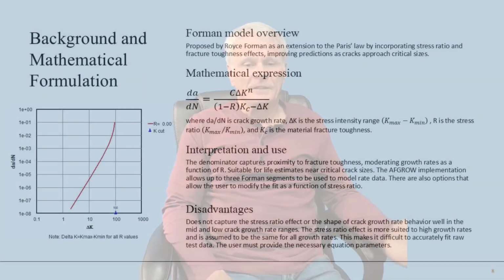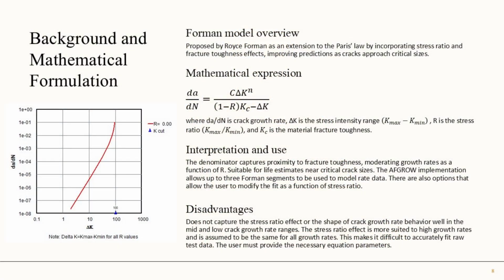All right, so let's get into each one of these models. The Foreman crack growth model is probably the simplest model in AFGROW. It's just an extension of the Paris law, and you can see there the denominator has a way of shifting the curves as a function of stress ratio. But the thing about the Foreman model is the shifting is assumed to be uniform. There's no way to adjust it.